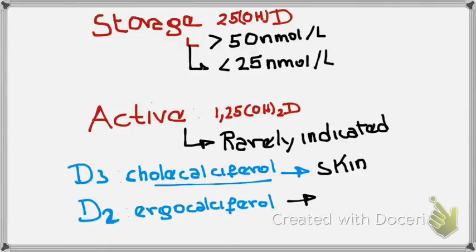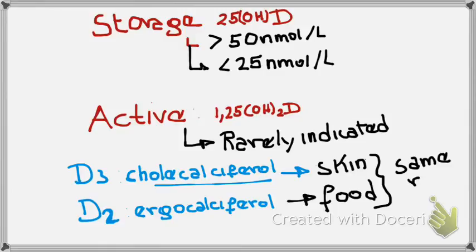So the vitamin D2, we need to eat it. Meanwhile, the vitamin D3, we need to take some sun to get vitamin D. But both of them have the same role. So both of them are going to have the same functions.